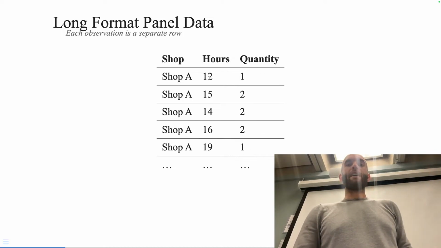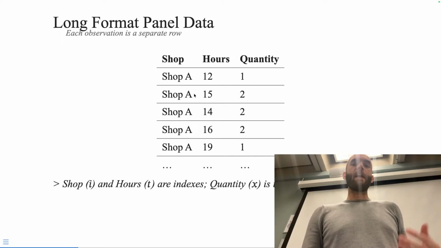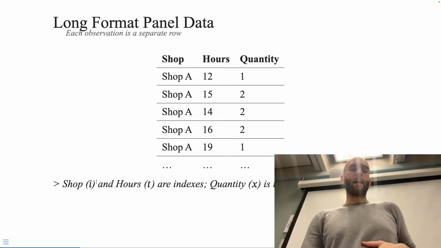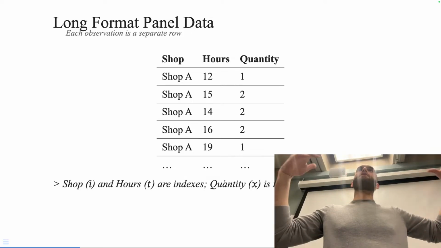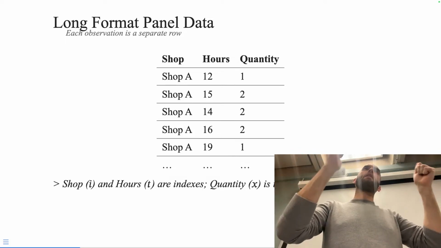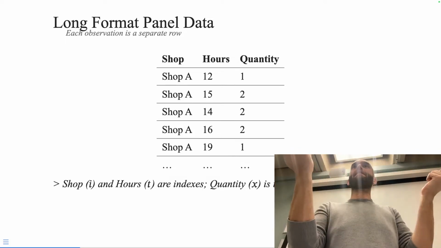So this is at the 12th hour at coffee shop A, or at the 15th hour at coffee shop A. Just as some indexing like we've done, we have a shop, which is the I index, we have hour, which is our T index, and then we have quantity, which is our meaningful variable. In this case, with long format panel, we have both I and T active.